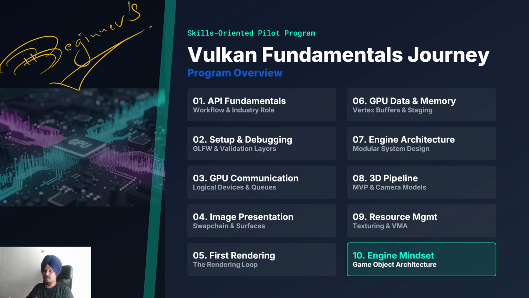I would say Vulkan is a very appropriate language. It is currently being used to replace OpenGL in industry because of multiple reasons. We will learn these reasons in the next lecture, but in today's lecture I will try to cover more towards the program overview.